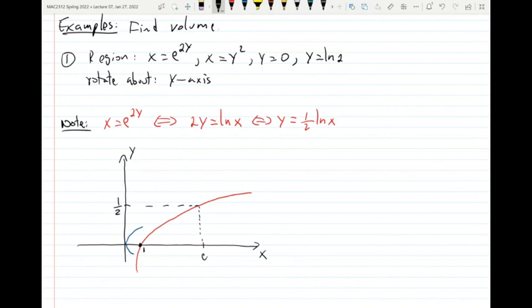So we need to figure out when the two functions are equal to each other. I'm going to look at it from here. So that means e to the 2y equals y squared. When does this happen? Okay, now here we have a problem.